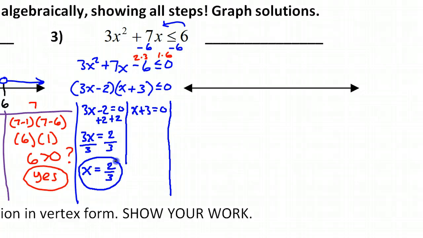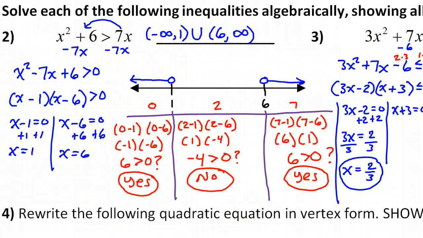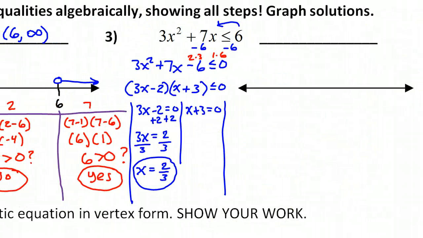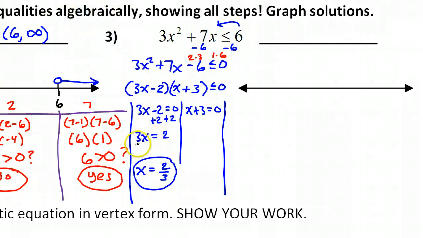I really wanted to do that division in a different color, is all. I think I'll just use gray. So I have x equals 2/3. The other one is a little simpler.